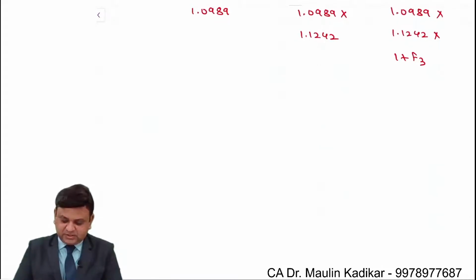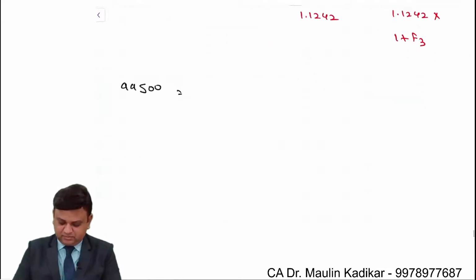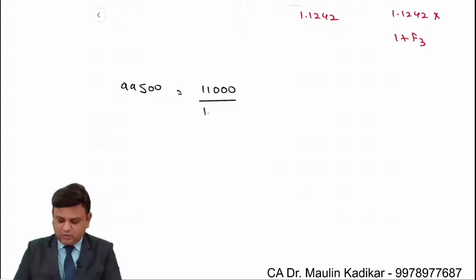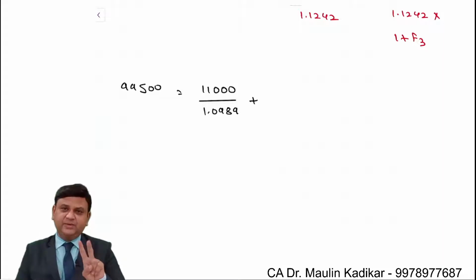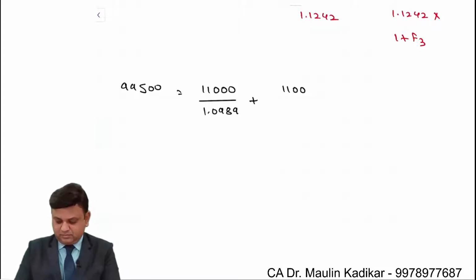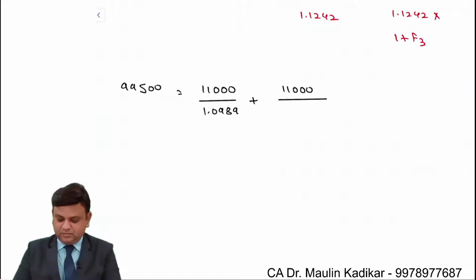So 99,500 is equal to 11% of 1 lakh, which is 11,000, divided by 1.0989, plus 11% of 1 lakh, again 11,000, divided by the product of these two.